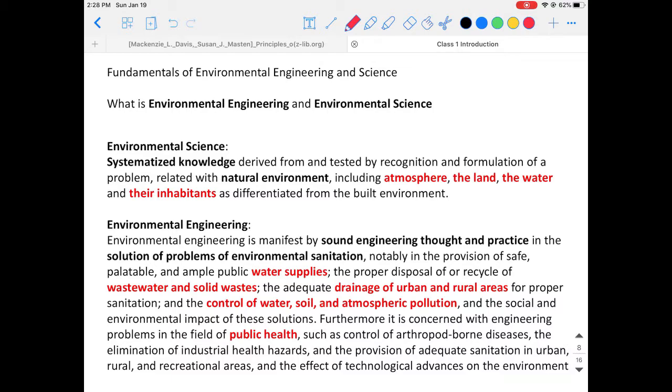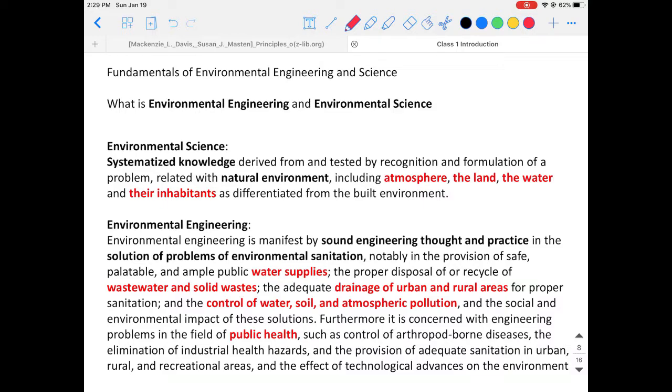In terms of environmental engineering, engineering is the applied form of the science. We're trying to build some devices to treat certain processes. Environmental engineering is the sound engineering thought and practice in the solution of the problems in environmental sanitation.